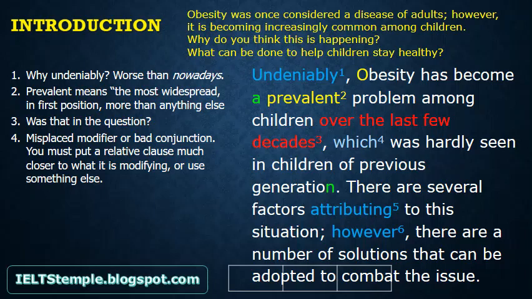But that's incorrect grammar there. That is your modifier, which is too far away from the noun. Obesity, which was hardly seen in children of previous generations, has become a problem. Put that up near the top, not at the end.